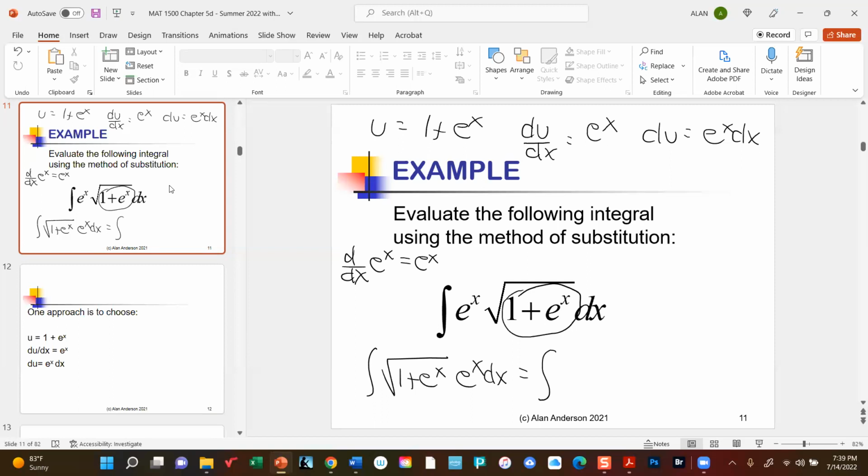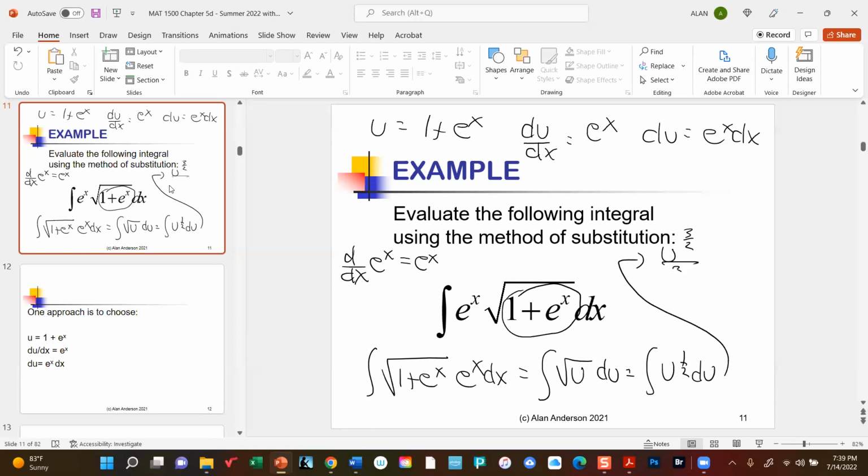So we actually have radical u du, or u to the 1/2 power. And of course, based on the power rule, we have u to the 3/2 over 3/2, or 2/3 u to the 3/2.